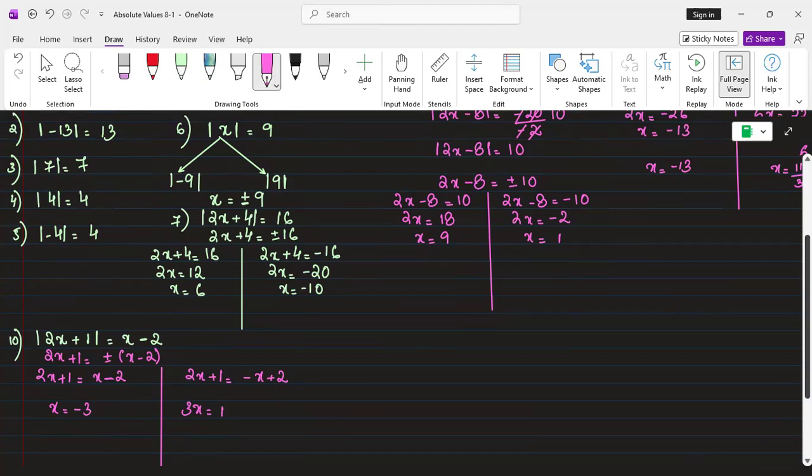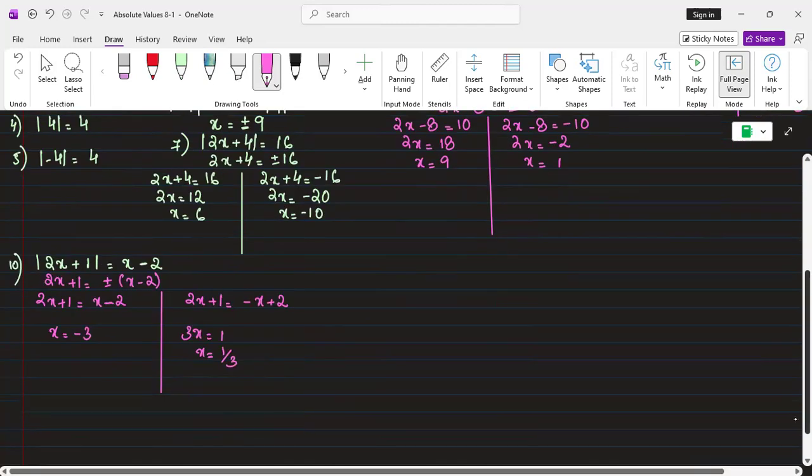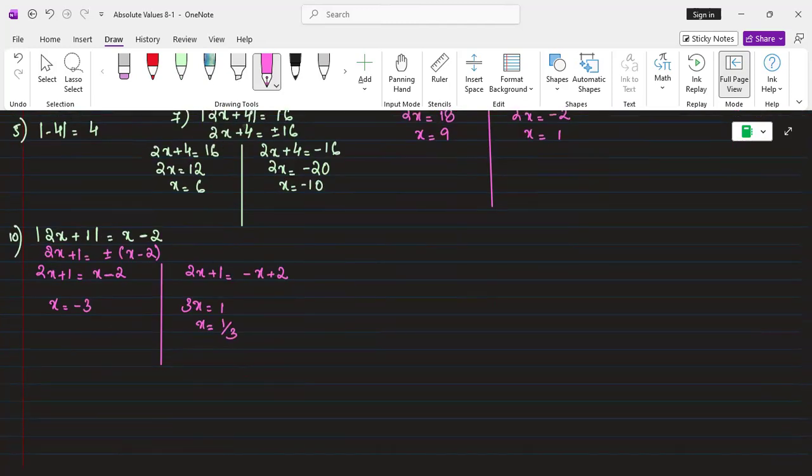Okay. So in the first case it was x minus 3. In the second case this is going to be a plus 3, and minus 1 goes there. x is equal to 1 over 3. Now these are the two values of x. But the concern is, this is not the final answer.